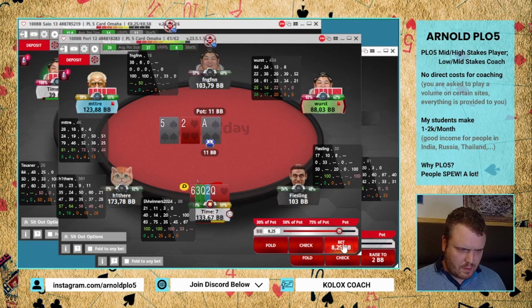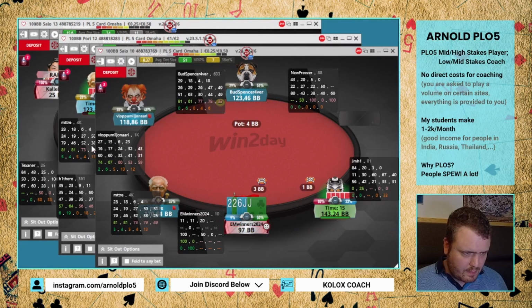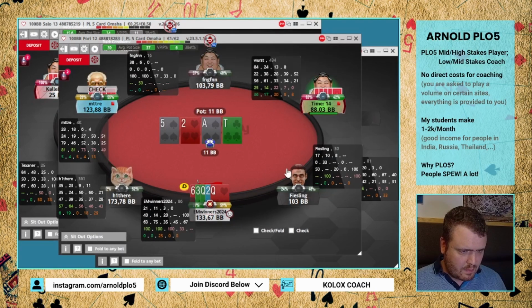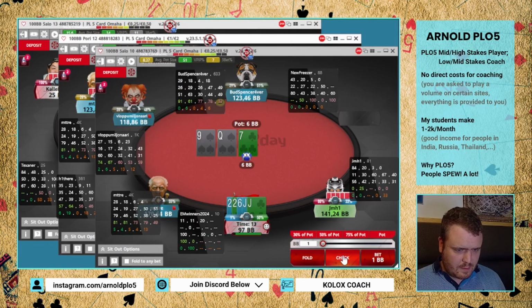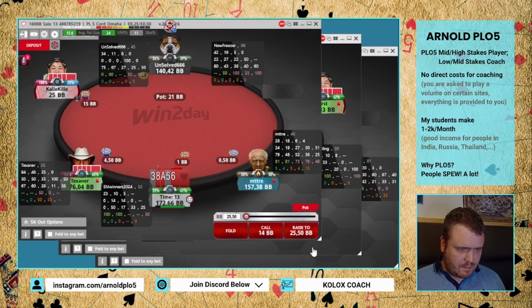Let's go for the bluff here. Nah, against 2 players, I don't want to bluff. Still don't want to bluff.